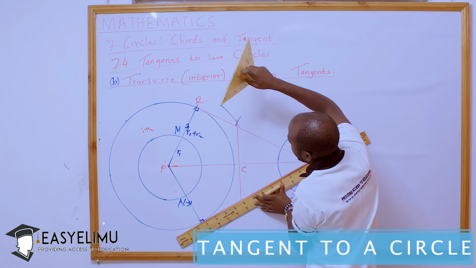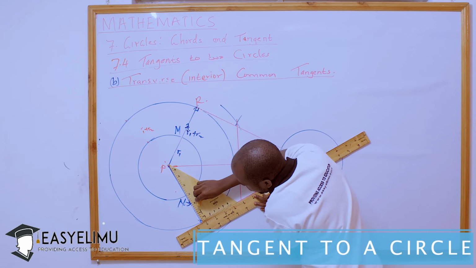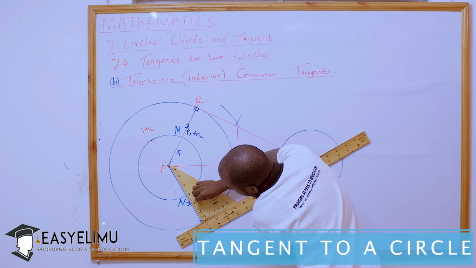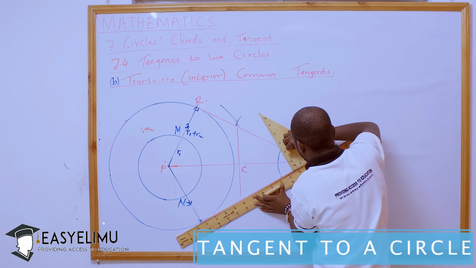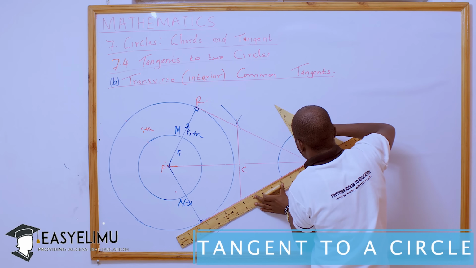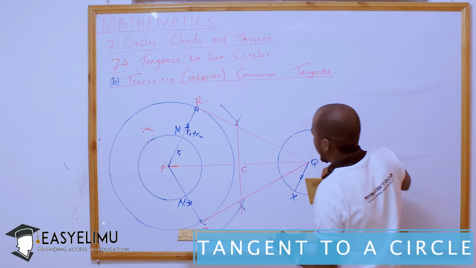Using your set square, put your set square in coincidence with that line PNS, then slide your set square up to the center point there, and you will find your line is cutting the circle at that point.